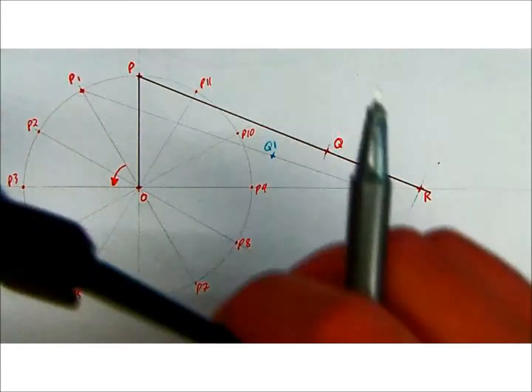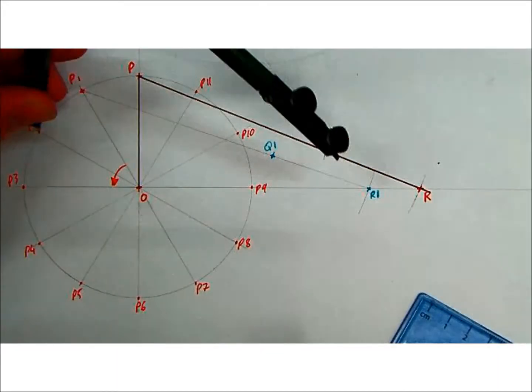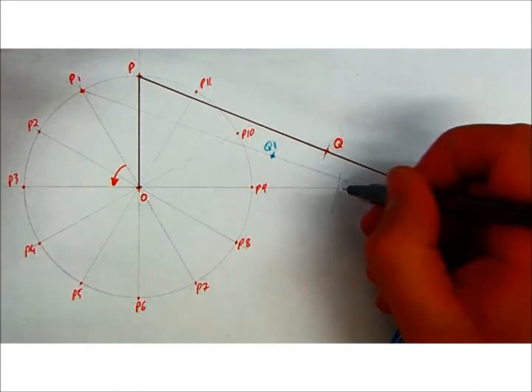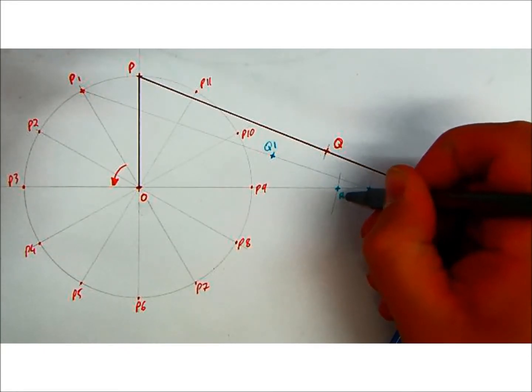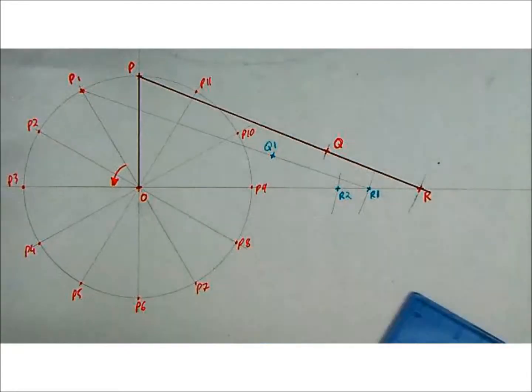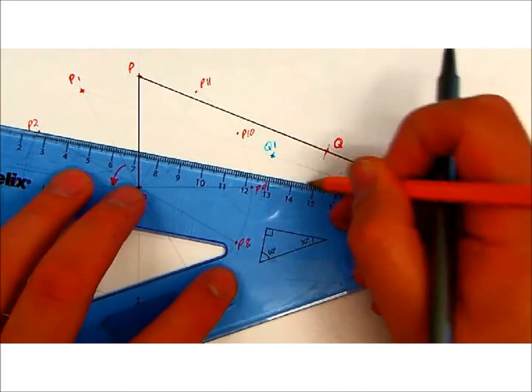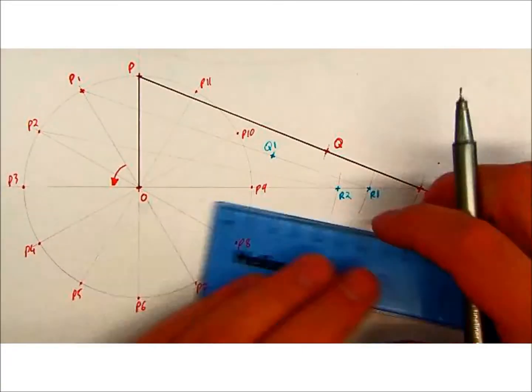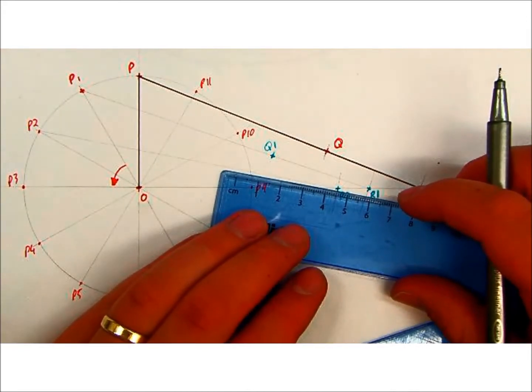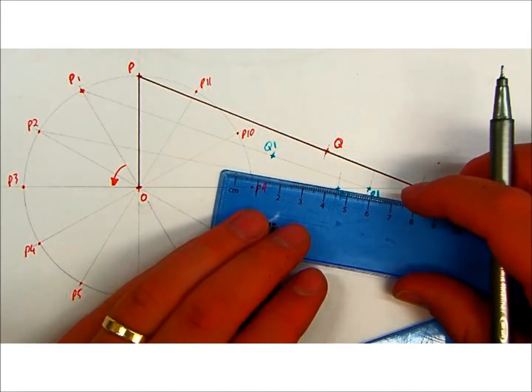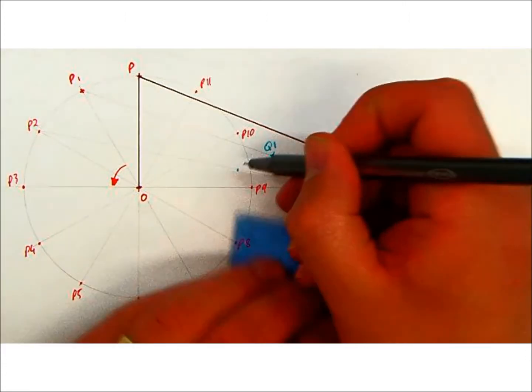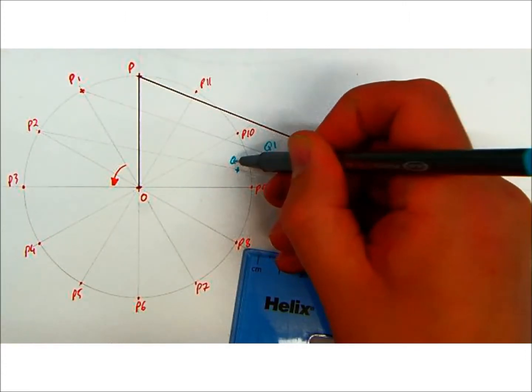Go 135 mil from P2, this is R2, join that back to P2, measure back 45 mil, and that's Q2.